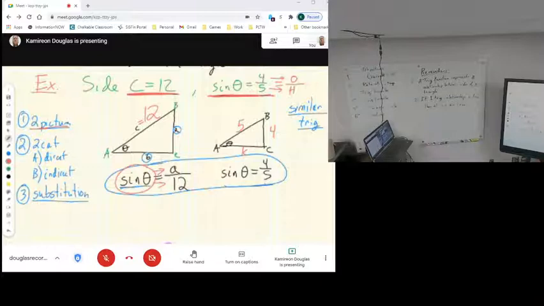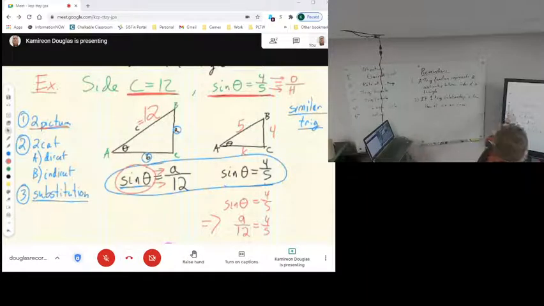So over here, sine of theta equals 4 over 5 becomes the equation a over 12 equals 4 over 5. Algebraically, this is perfect because in this example, I now have one equation, one variable, solvable.